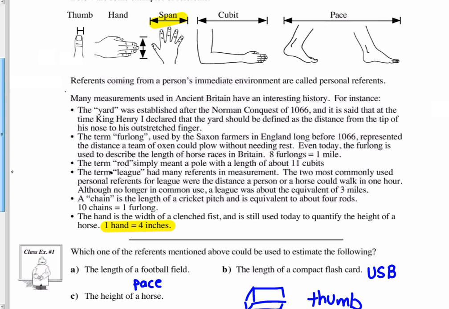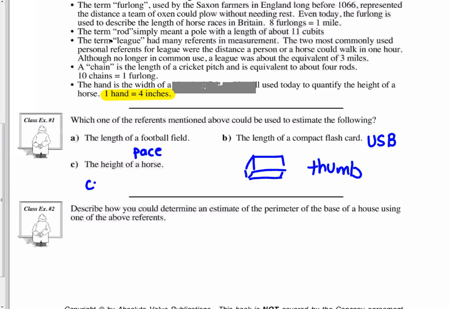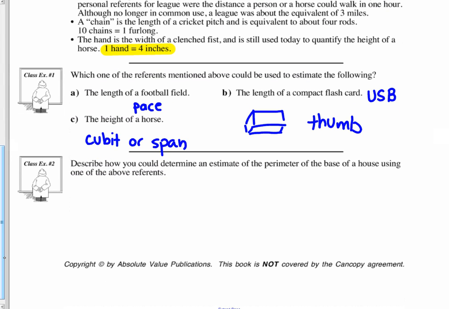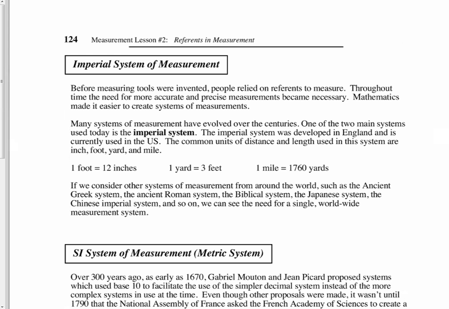So cubit or span, I would take. Yes. It'll probably be a multiple choice question, like which referent is best, and then you'll have A, B, C, D, and there will be an obvious answer, as long as you know what each one is for.